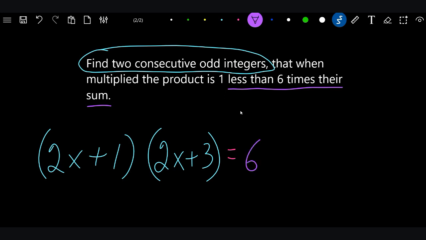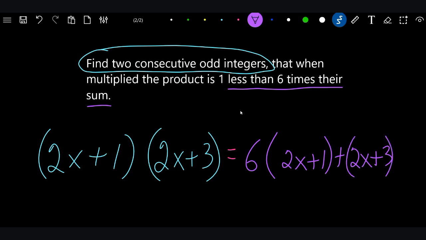Well, 6 times their sum. What do we mean by that? Well, we've got to add them together. So we're going to take 2x plus 1, and we're going to add it to 2x plus 3. And then notice the last thing that says it's 1 less than. So we have to have a minus 1.